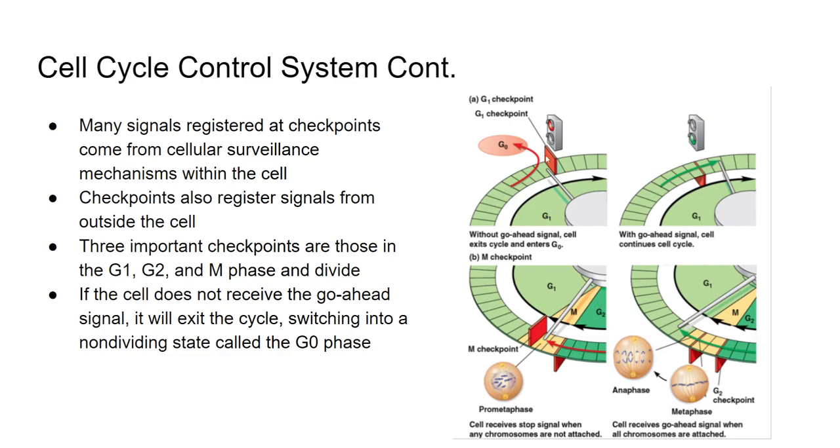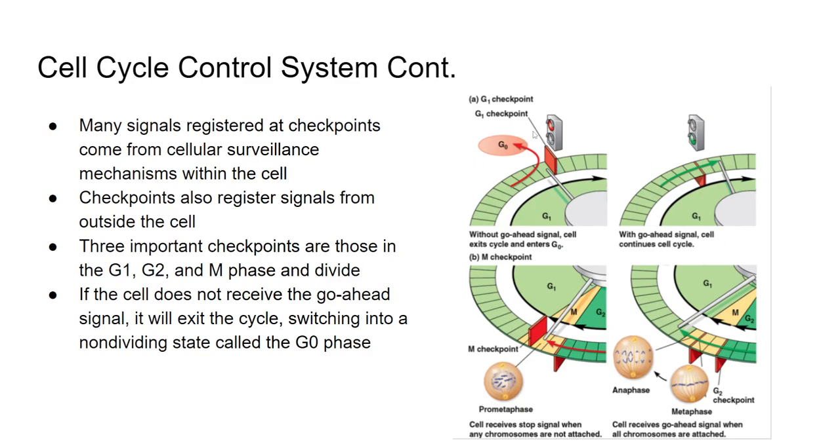Some other checkpoints as well. We have one at the G1 checkpoint, which we looked at earlier, which basically signals that the cell is ready to go into DNA synthesis, right? Without a go-ahead signal, it enters G0, which is just a phase where the cell doesn't do anything. It doesn't go into cell division or anything like that.